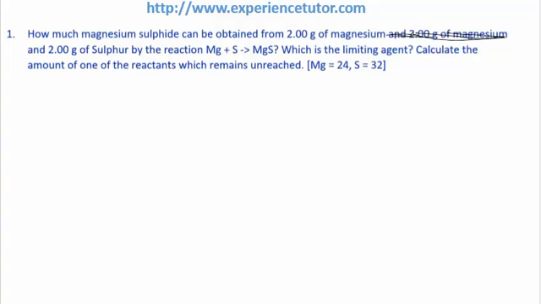So 2 gram of magnesium is equal to 2.0 upon 24, which is equal to 0.00833 mole of magnesium.